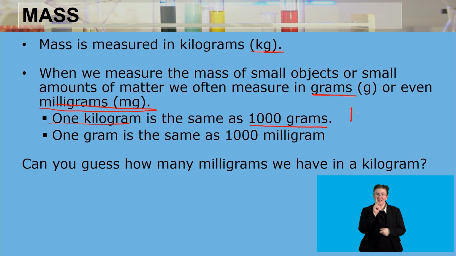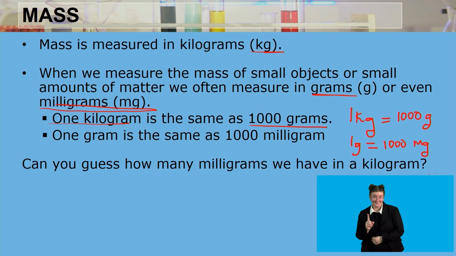And 1 gram is the same as 1,000 milligrams. Those are our SI units and how we measure, and we can also convert from one unit into the other.